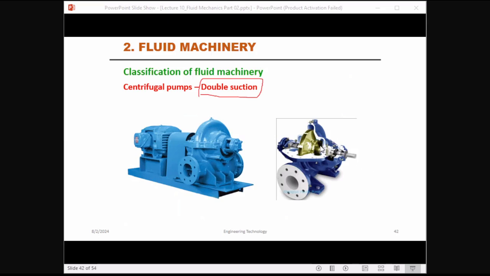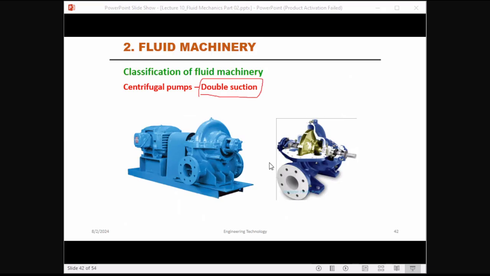Inside the pump, fluid enters the pump from both sides of the impeller. When using this pump, you can take high flow rate and high head.